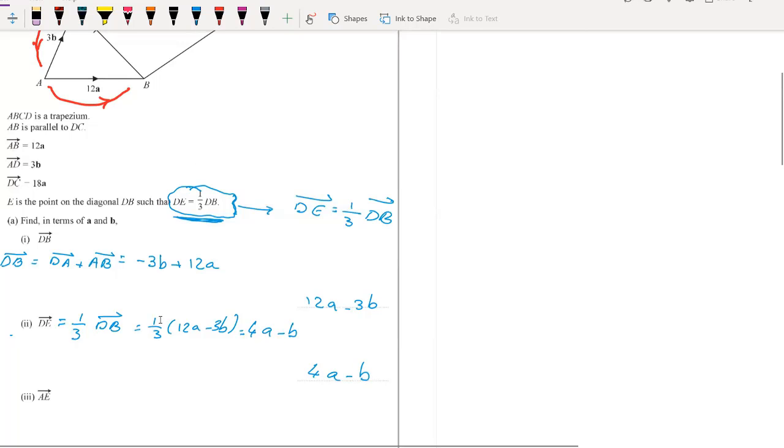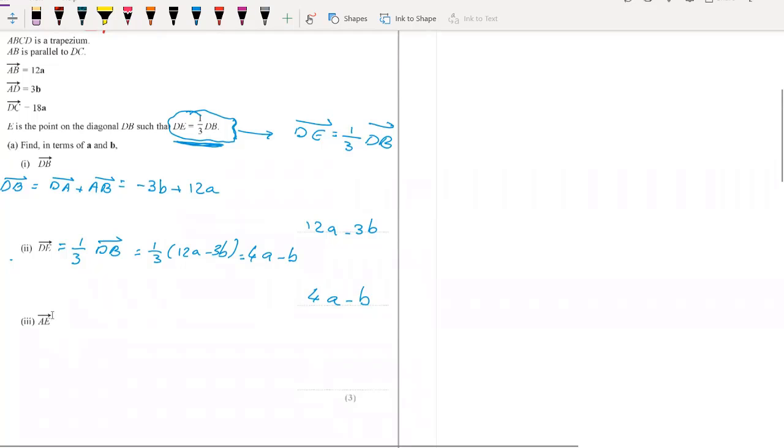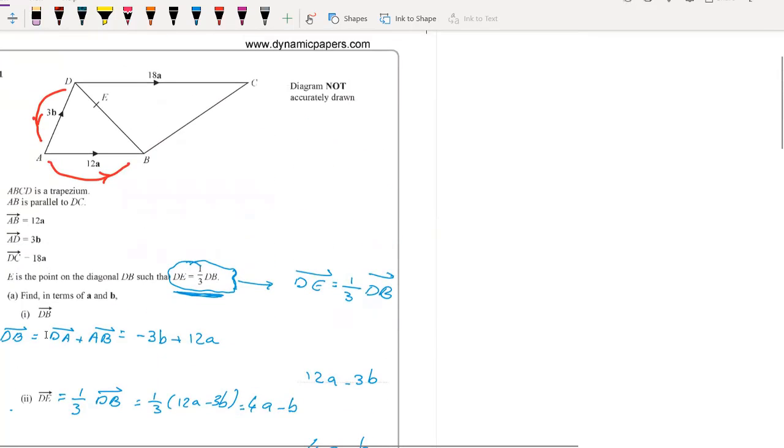Now we move to the third part of question A. He wants AE vector. Now AE vector is this one. So AE vector, let's do it with another color. So AE vector is this one. He wants AE vector in terms of also a and b. So we have AE vector is equal to AD vector.